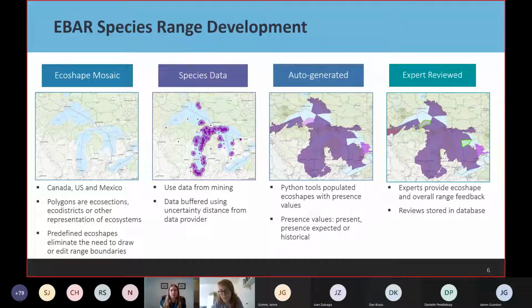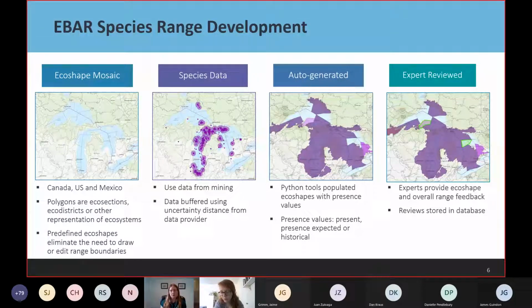And then they go through the final process of being expert reviewed to see if there were potentially any issues in the data, either incorrectly digitized locations, or possibly in our data mining, we missed some locations. All of that information is stored in our database, and experts are able to provide two levels of feedback.